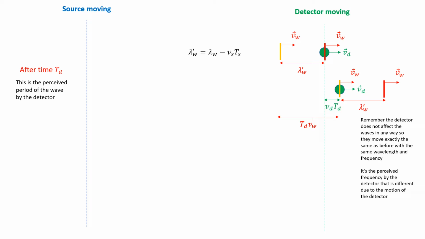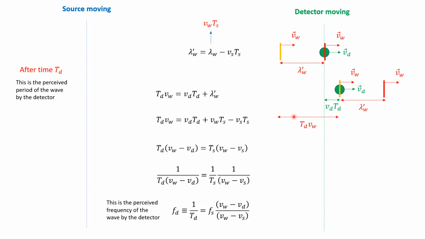And before we do that derivation, let's remember that I'm assuming the detector doesn't affect the wave in any way. The wavefronts still move past the detector with the same wavelength they had before. So I'm just assuming that the detector is detecting, but it doesn't interfere with the wave. Maybe that's an idealization, but it's not really important for the derivation.